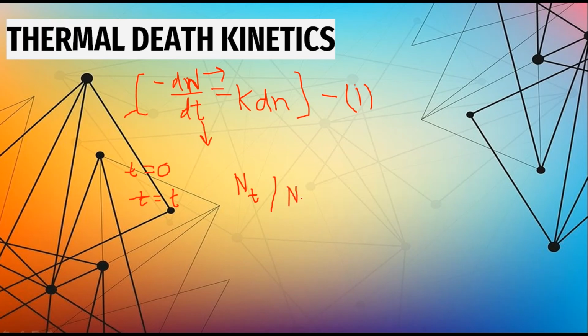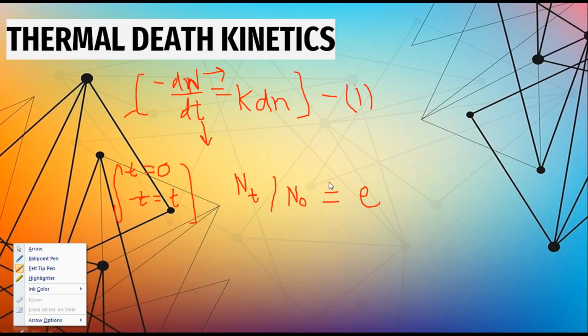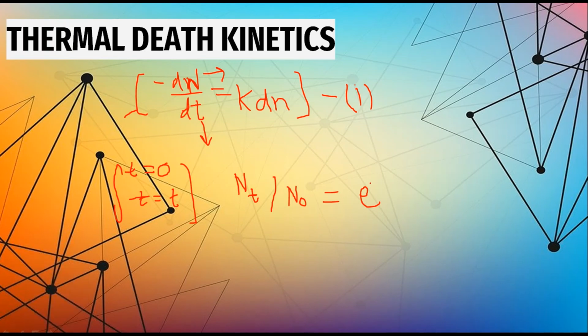When we integrate it within these limits, Nt divided by N naught is equal to e to the power minus Kd t, right?